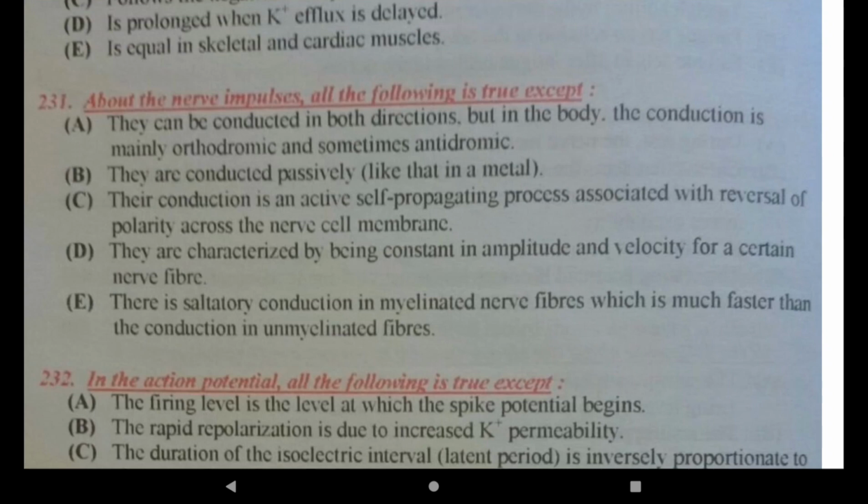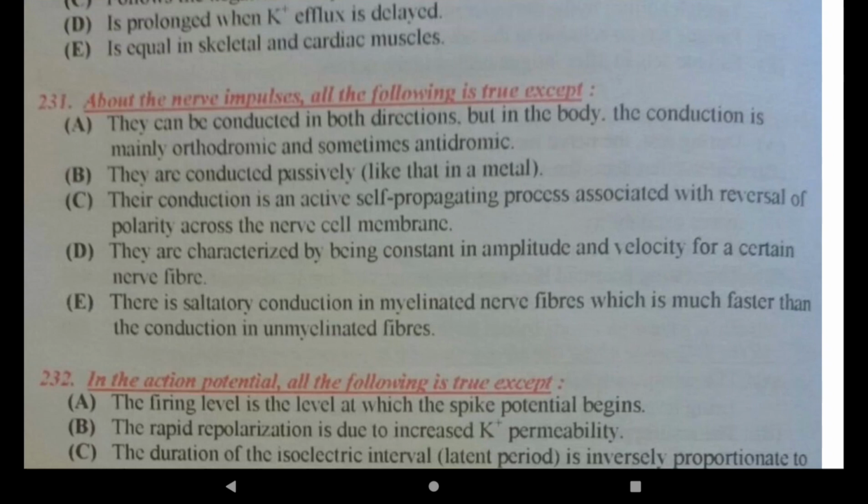Antidromic is purely experimental and does not happen in the body. In the body, conduction usually goes from the cell body to the terminals, because of the location of the neurotransmitter substances in the presynaptic knob and the presence of the receptors at the postsynaptic knob. Also, as the next region is being depolarized, the previous area undergoes repolarization, which shows some kind of refractory period, so you cannot excite the previous area.